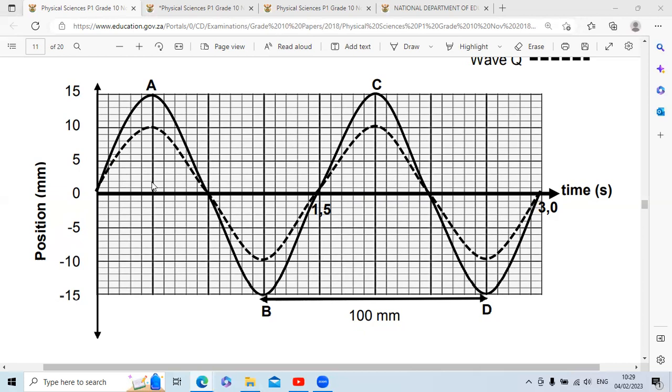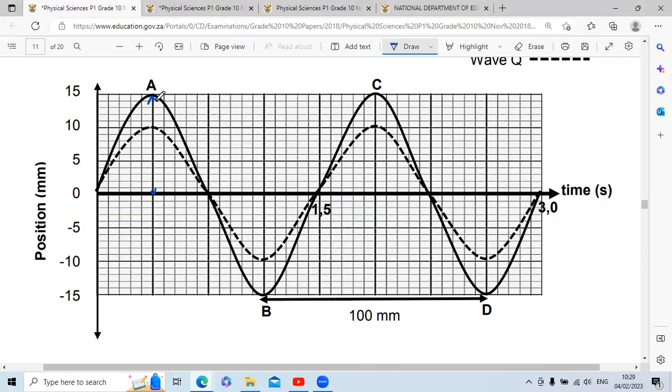Okay, so let's just say from the zero line or the equilibrium to A. What can you tell me about this line here, from here to here?